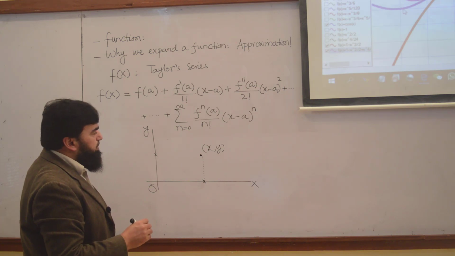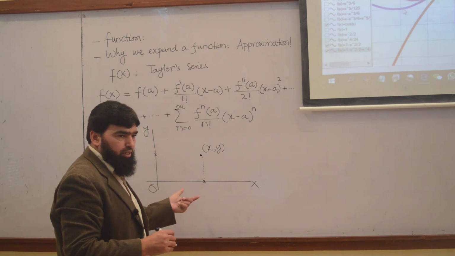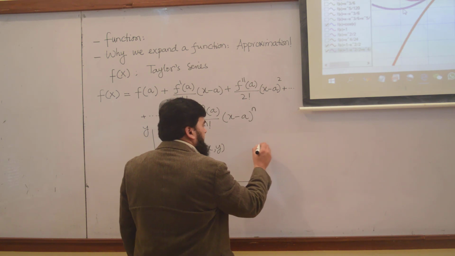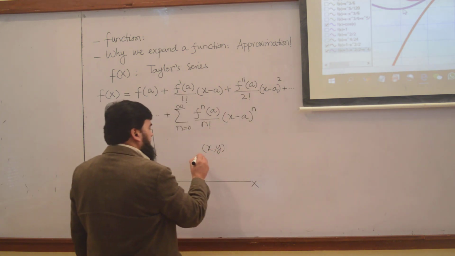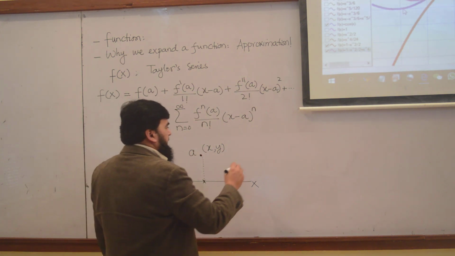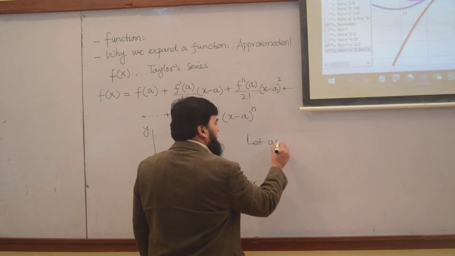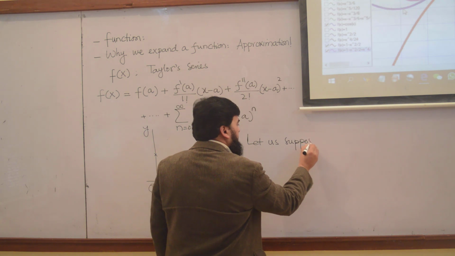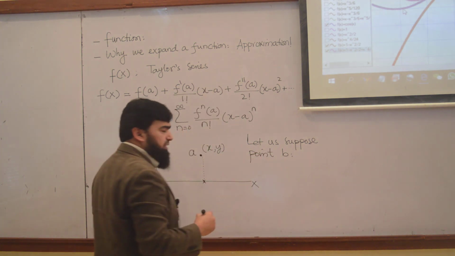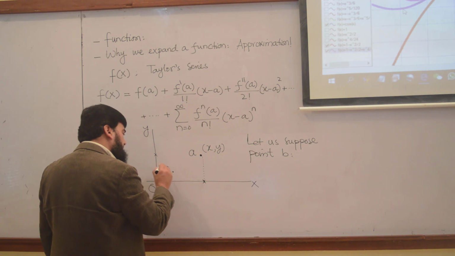So how does mathematics actually do it? This is the geometry that we did. Mathematics says that there is a point, let's say this is point A, and mathematics will always suppose any point B somewhere.